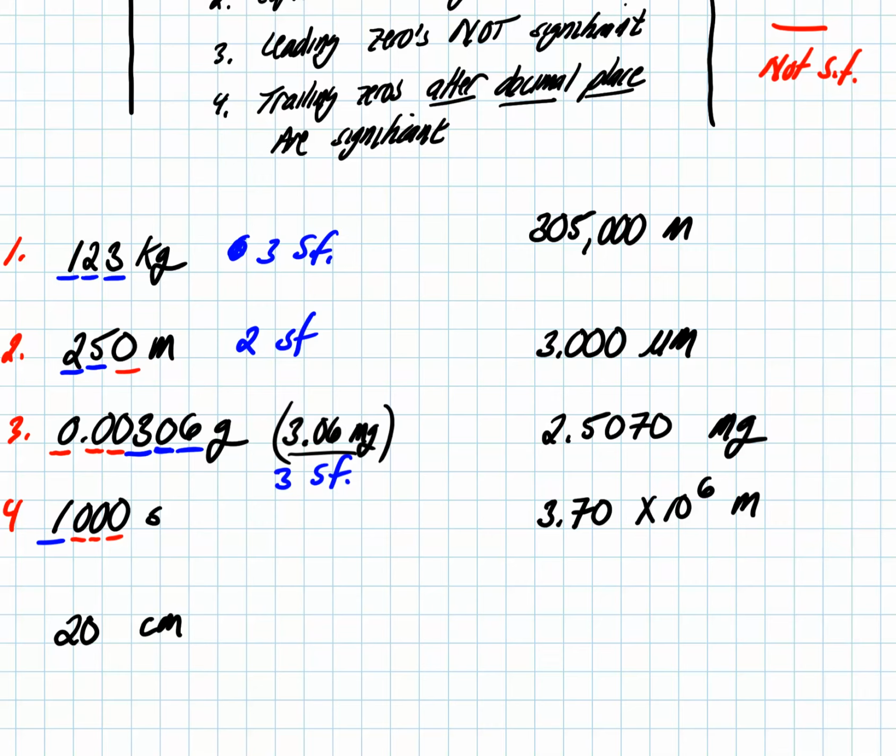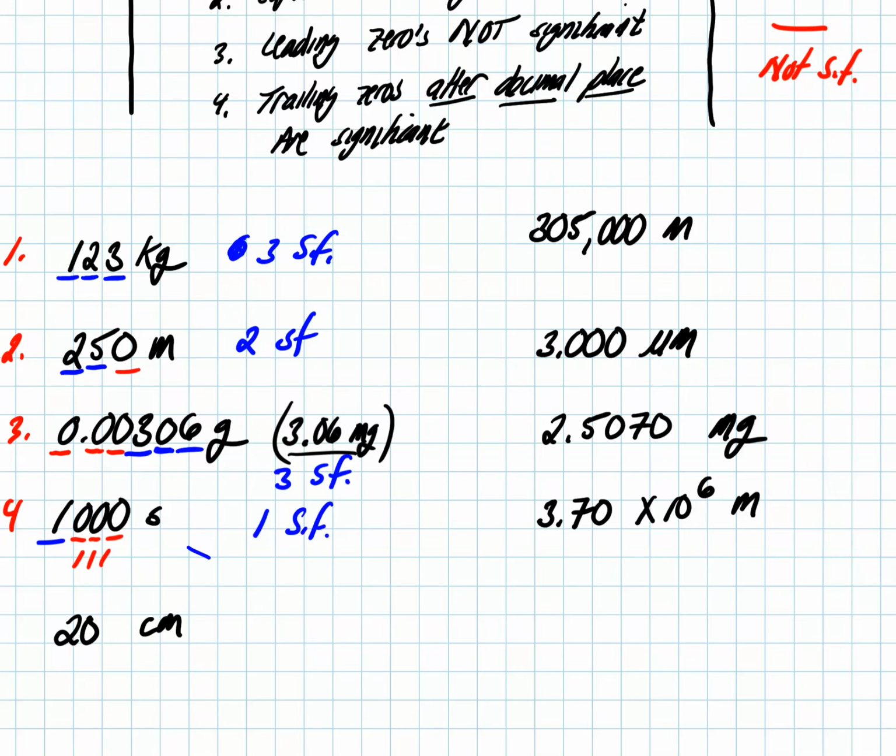These guys basically are just placeholders. They're there to make this 1 turn into 1,000, because this is how we do it in our number system, we add zeros as placeholders. So those are not significant. So this is only 1 significant figure.